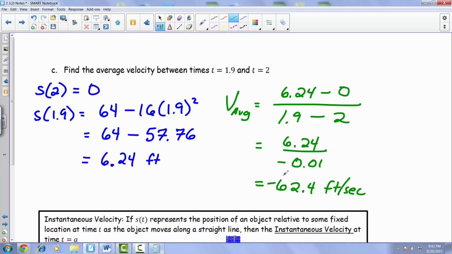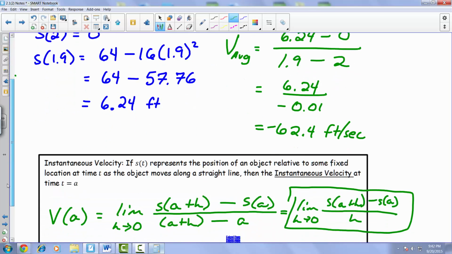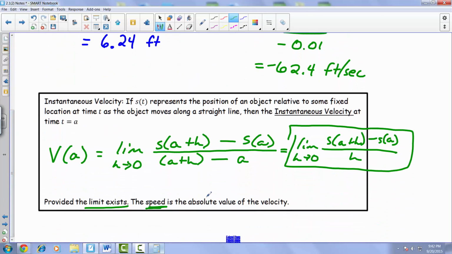So again, speed is how fast you're going. Velocity actually measures two things, your speed and also direction. And as you can see with the direction, we see that he's negative. In other words, he's falling. So that's the difference between velocity and speed. The speed is just the absolute value of your velocity. So again, that is example 2C from our 2.1 number 2 set of notes.